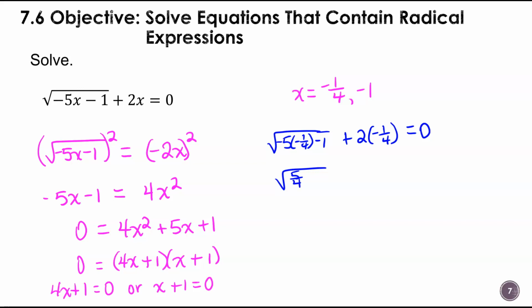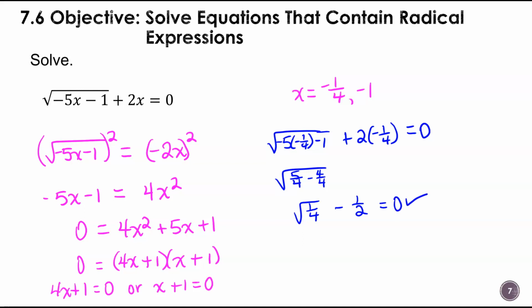When I multiply that, minus 1, which would be minus 4/4, and that is the square root of 1/4, minus 2 over negative 2/4, or negative 1/2. And the square root of 1/4 is 1/2, so this one does check.